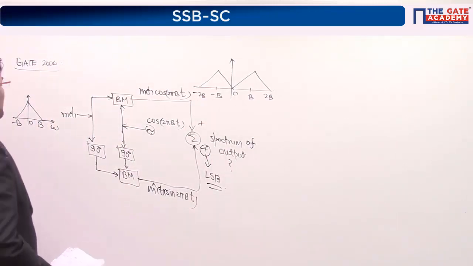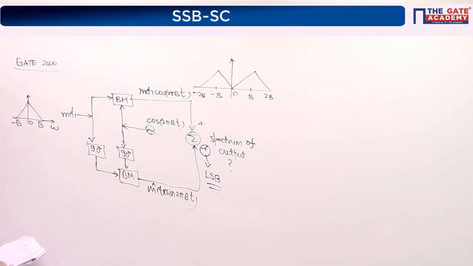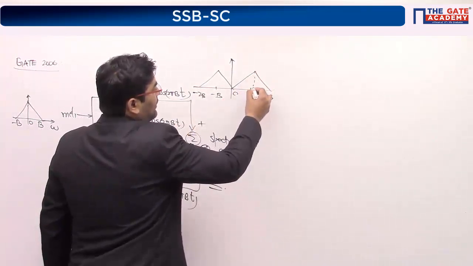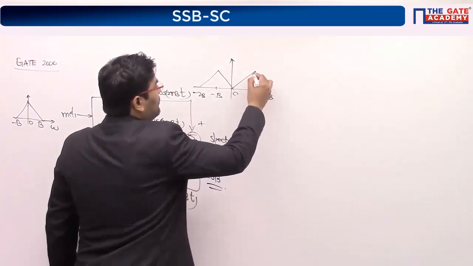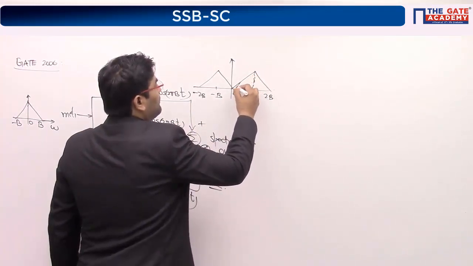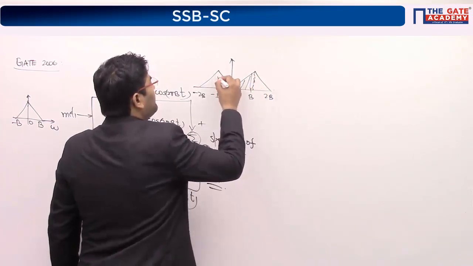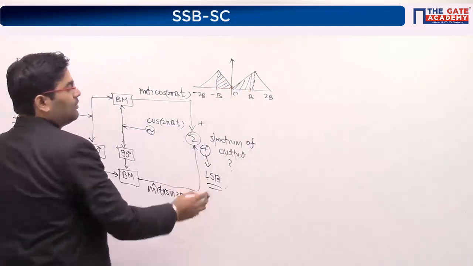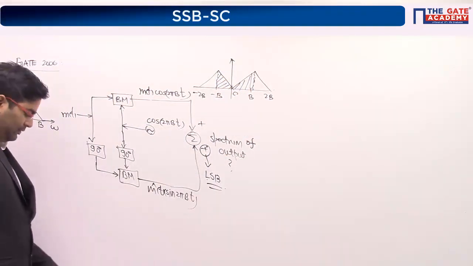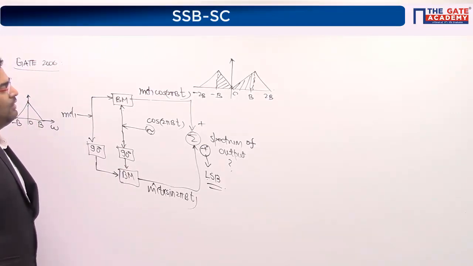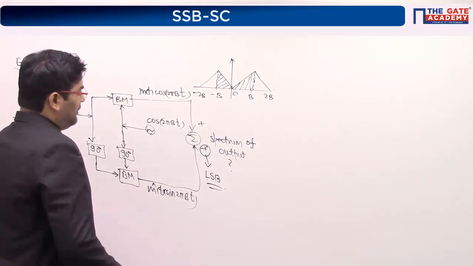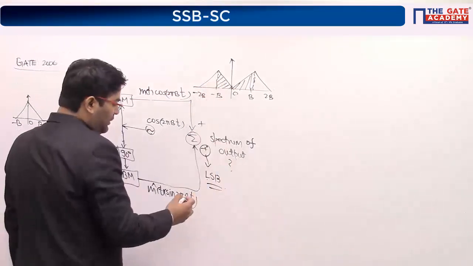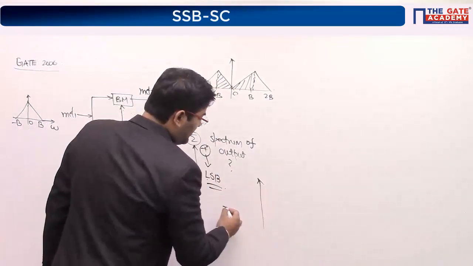Now we know that we are only talking about lower side band. So what is lower side band here? If you look at this as your carrier, only this part you are talking about. I hope everybody agrees with me. This part is the lower side band, because plus is lower side band. Yes or no, guys? So what is going to happen? You need to get this, right? So you need to have something here like this.